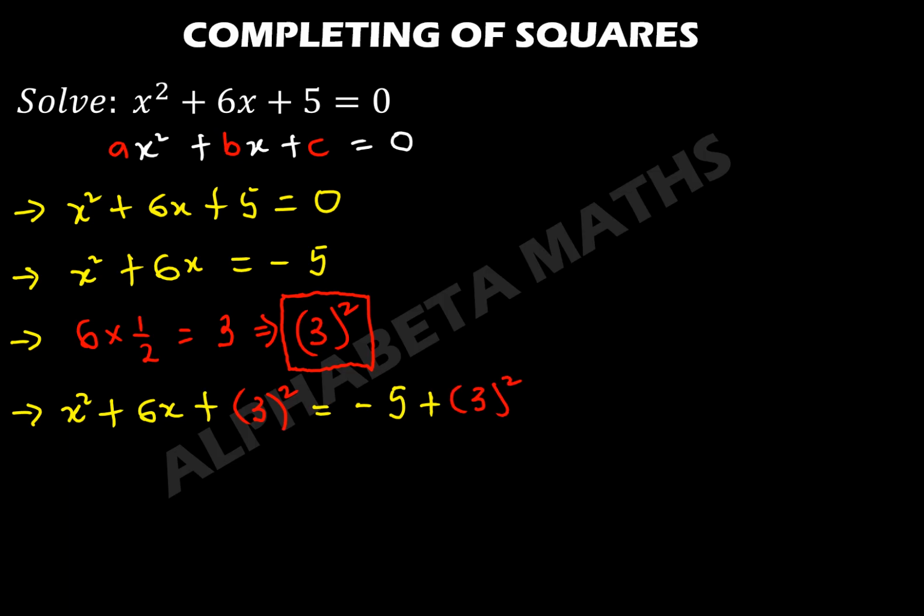The reason you always have to put it in brackets and square it is because sometimes after dividing by 2 or multiplying by half, you'll be getting a negative number. When that happens and you put it in brackets, it makes the calculation simpler and easier.